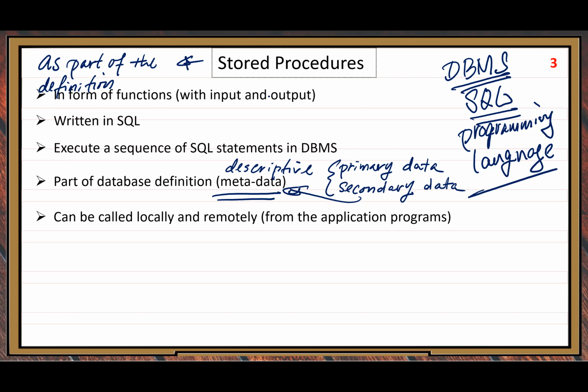It can be called locally and remotely from the application program. This part is also interesting. Locally means on the same machine as your DBMS. Your DBMS is running on some machine, right?